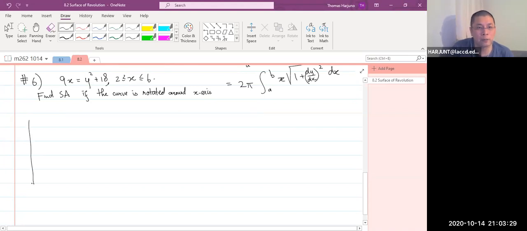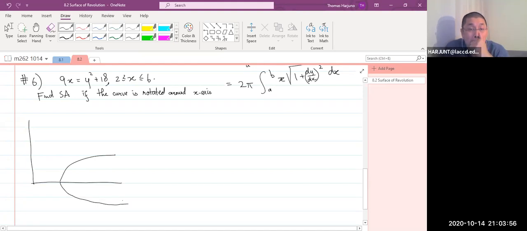Okay, so I have this curve. I don't know what it looks like. Oh, actually, I can find what it looks like. This is something that looks like y squared equals. So it actually looks like this. That's what it looks like. And then I want to rotate that around the x-axis.